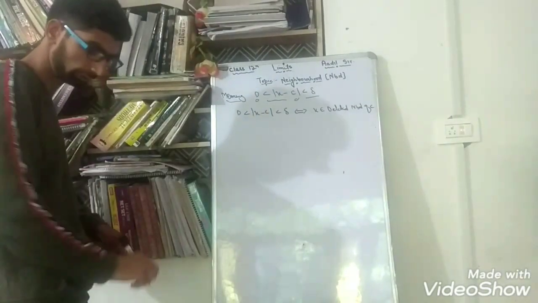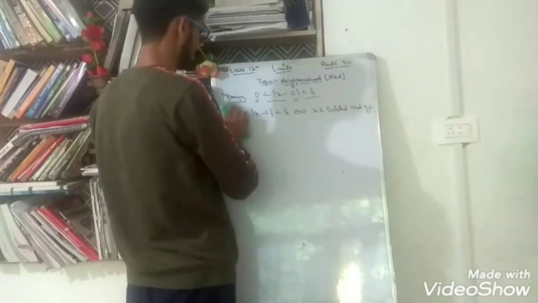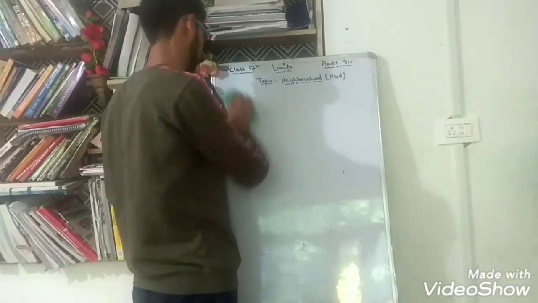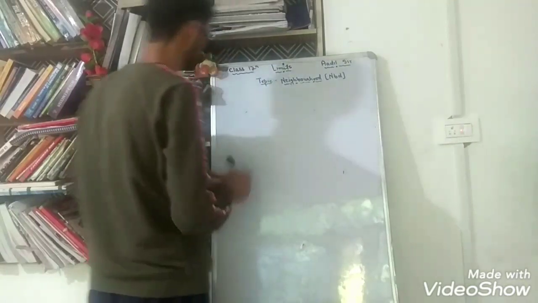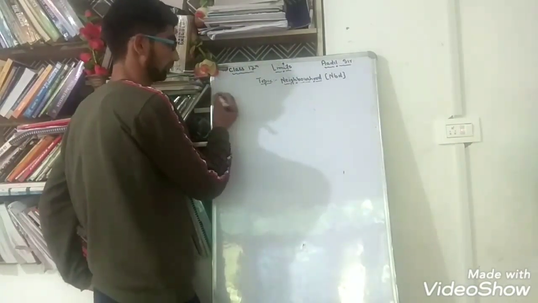X belongs to the deleted neighborhood of c. Write down the note. Time is running, I know, but we have to make it pretty, this neighborhood.